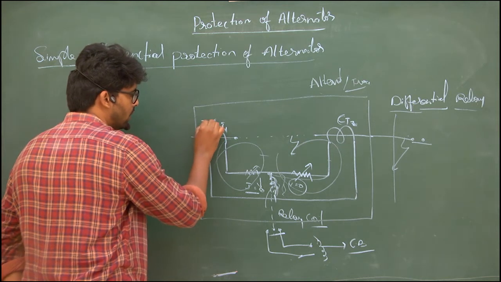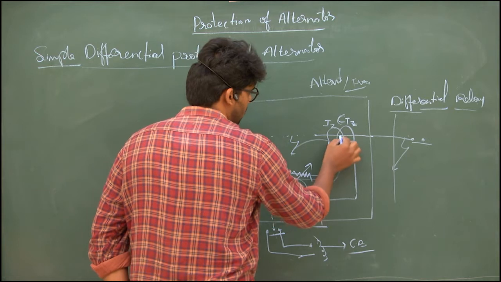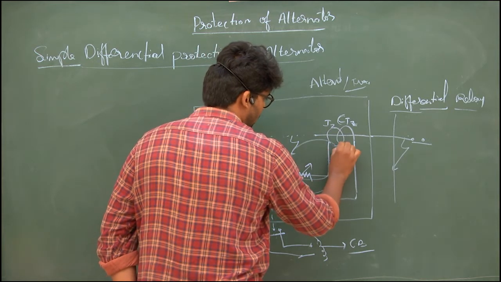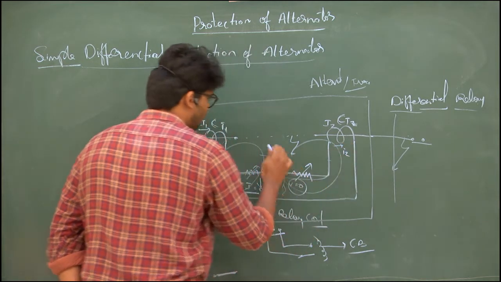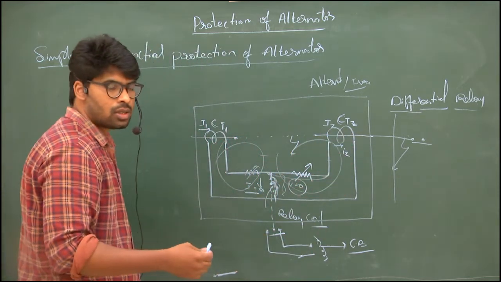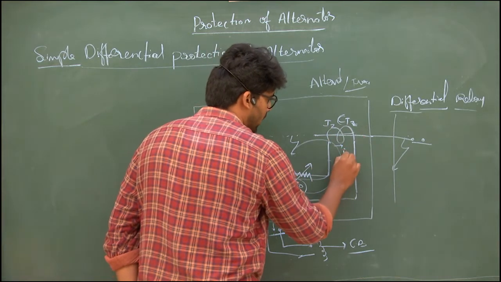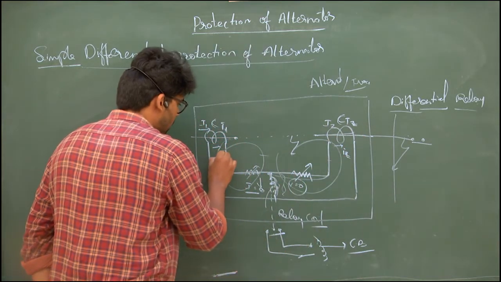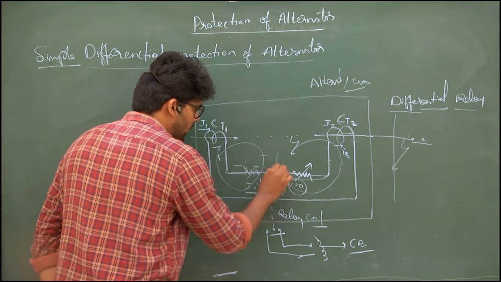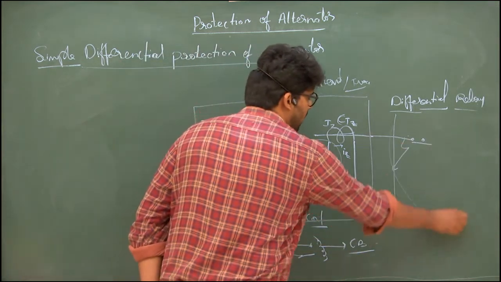The current I1 is flowing, and this current I2 will flow. The CT secondary takes a proportion of this current flow. So here I1 and I2 will be equal, even if you have an external fault.